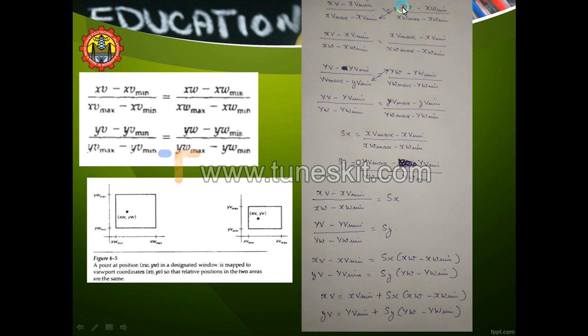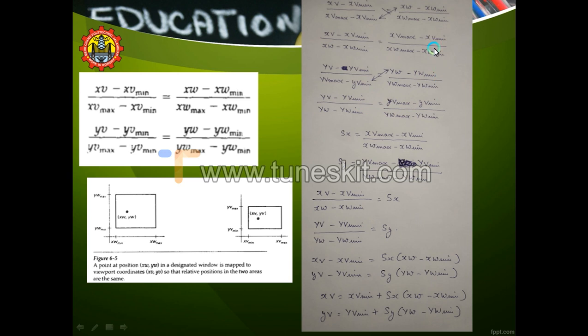We put XW here and XV max here, right? Now we go for y coordinates. This complete equation we put here. Now interchange, like x, we interchange y. YW goes to this side and YV max goes to this side. After interchanging, these new equations will arrive.